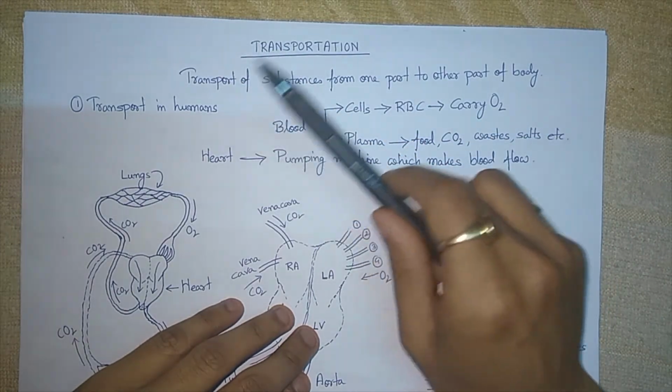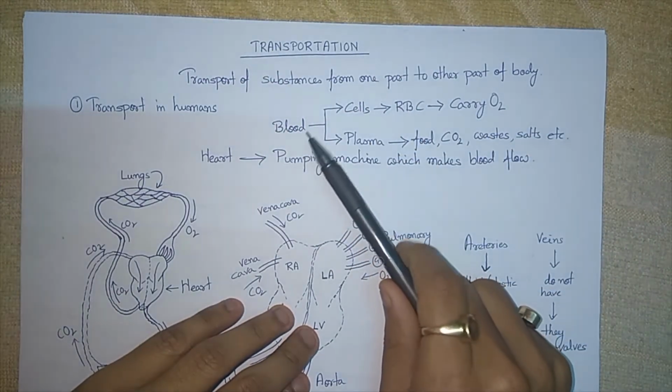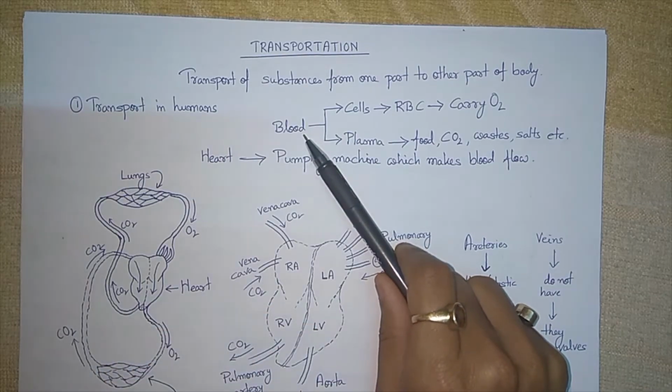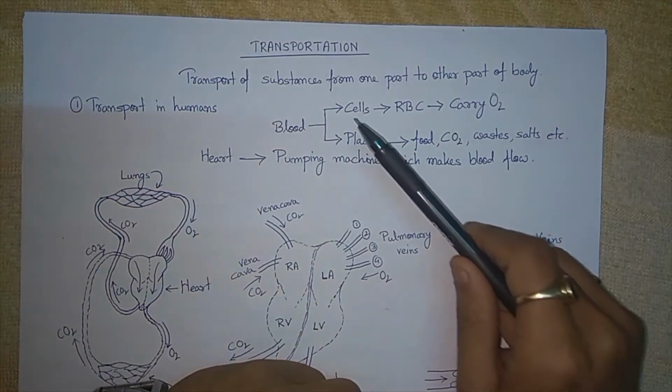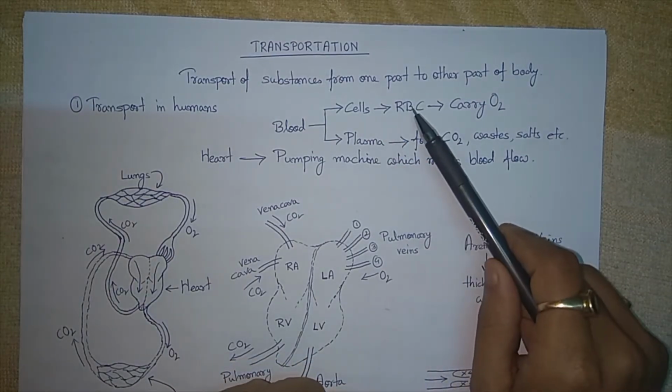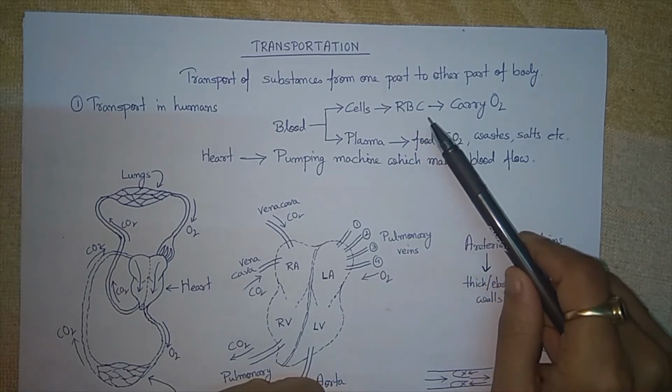For the transport of substances, animals or humans have blood. Blood has two parts, blood cells and plasma. Blood cells are of many kinds: RBCs, WBCs and platelets.